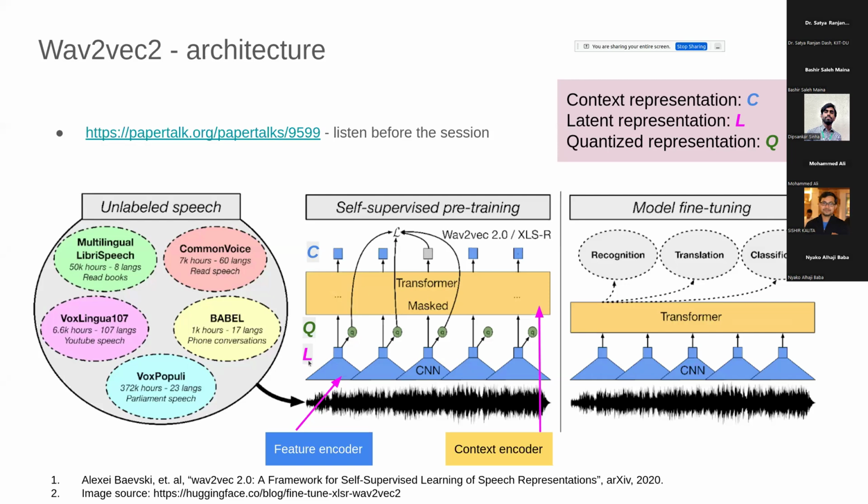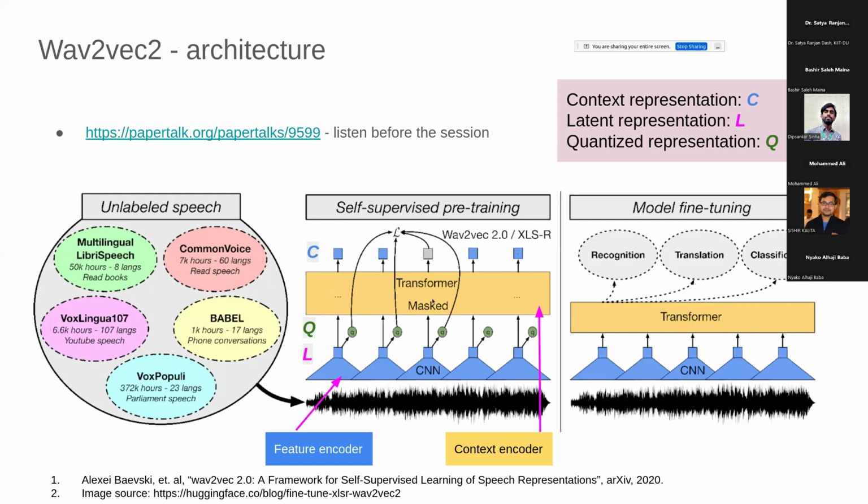The same L vector will also pass through a quantization network. Then the network asks that similar context and quantized vectors should merge into the same category, and representations or contexts generated from a different part of the speech should be different, should be pushed apart. Whatever similar representations there are should combine, and different representations should be pushed away. That is the contrastive loss.